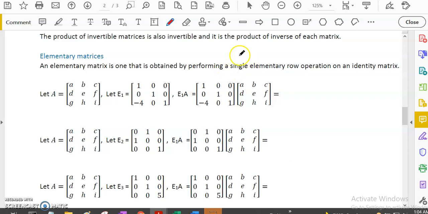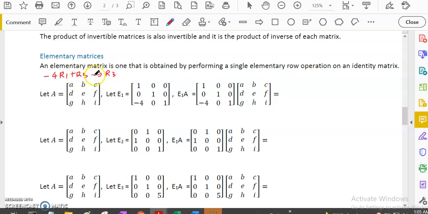The first operation is the more complicated one. For example, I want to add negative 4 times row 1 to row 3 and replace row 3.